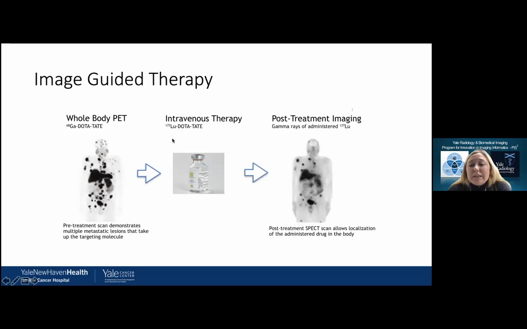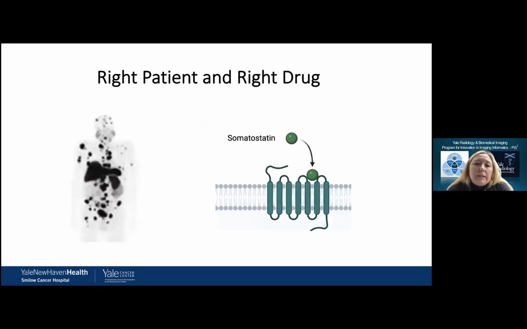And what's really interesting is that lutetium can also emit gamma rays that you can see on a gamma camera, and you can basically see exactly where lutetium dotatate went. Now, it's not as crisp and beautiful as PET-CT, but you can actually see where this therapy went. And you can actually start doing dosimetry on these images. So this kind of technology allows selection of the right patient and providing the right drug for the patient. And in neuroendocrine tumors, that has really changed how we treat patients.